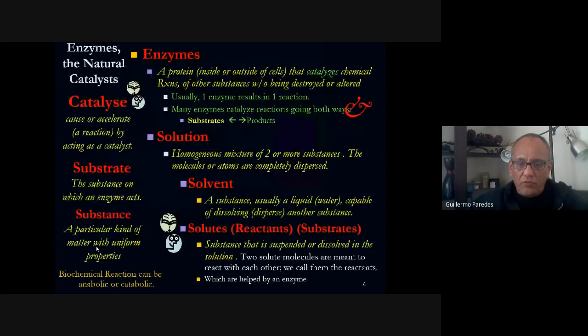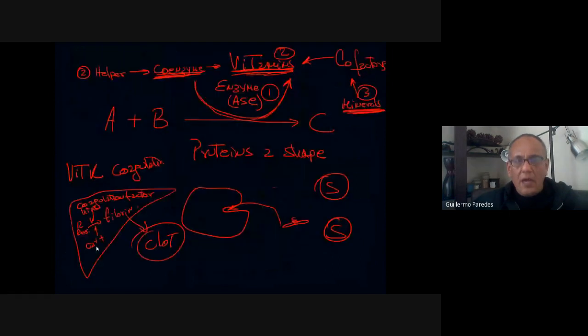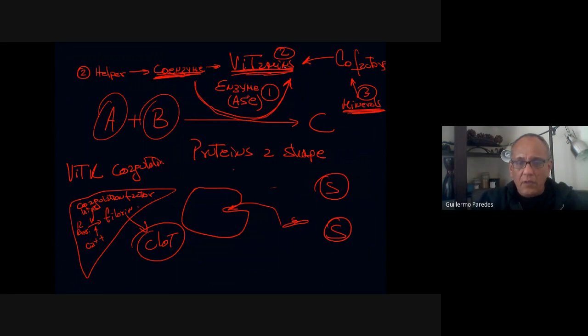Substrates. Excellent. Substrates. These substrates, solutes, or reactants are helped by enzymes, vitamins, which you need to call coenzymes when you are talking about this topic. You don't say vitamins, you say coenzymes, and minerals. Are you okay with that?